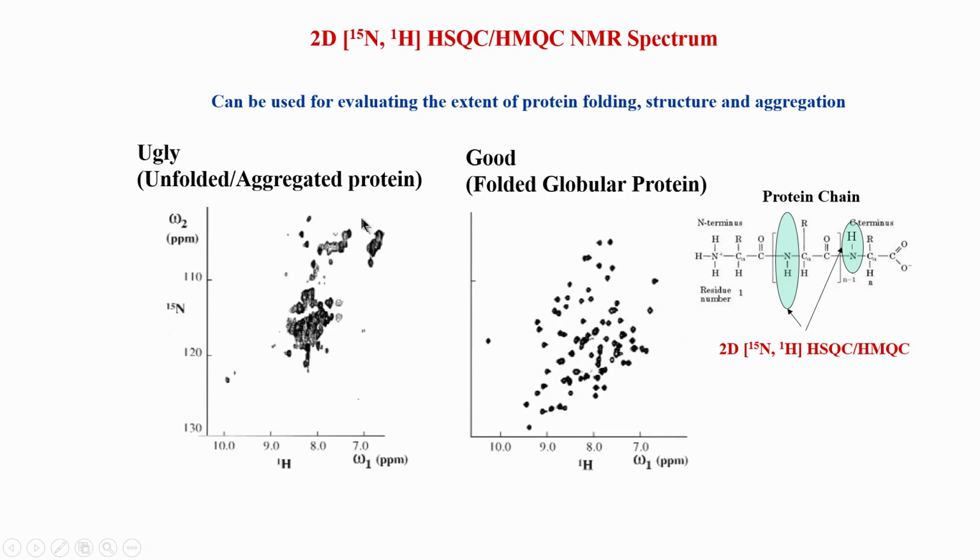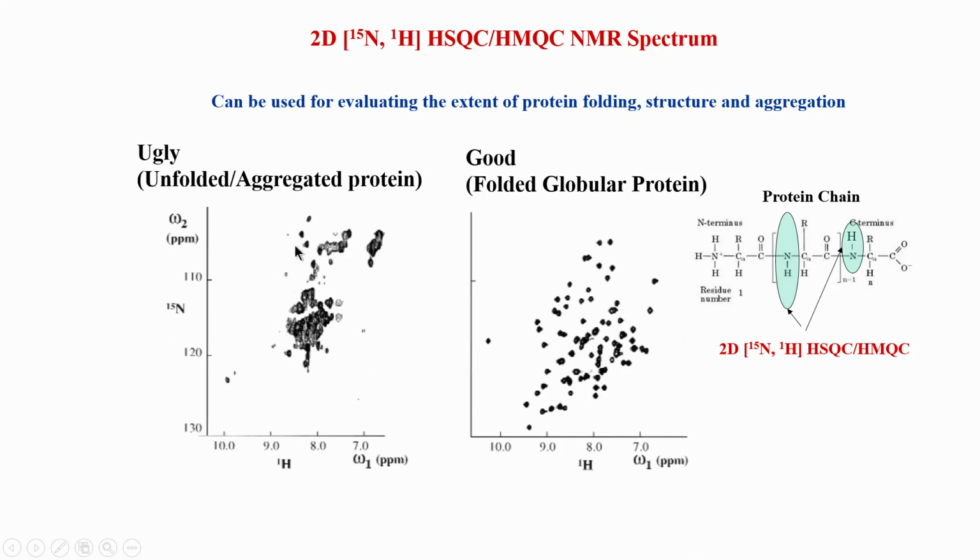If it is not possible to get to this level, what typically is done is that you go back to the laboratory and reclone, meaning you remove some portion of the protein which may be causing this problem. You can chop the protein into smaller pieces and so on, or you mutate some amino acids in the sequence to make it less hydrophobic or more hydrophobic depending on what you are looking at.